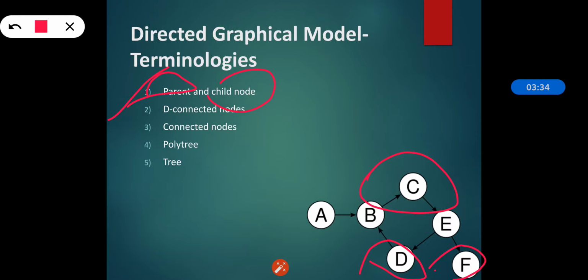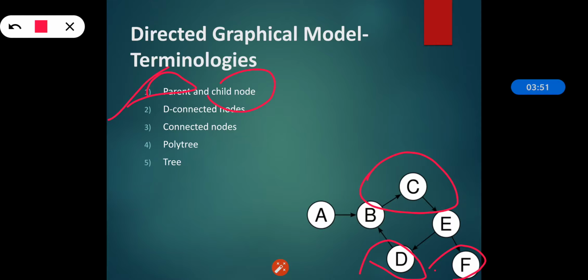So if we have a particular node that belongs to the vertices, and if it is connecting to other vertices, then it is called a parent node, and the child node is the one which is not connecting to any other nodes.